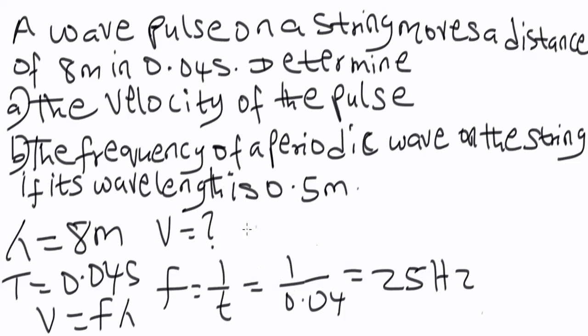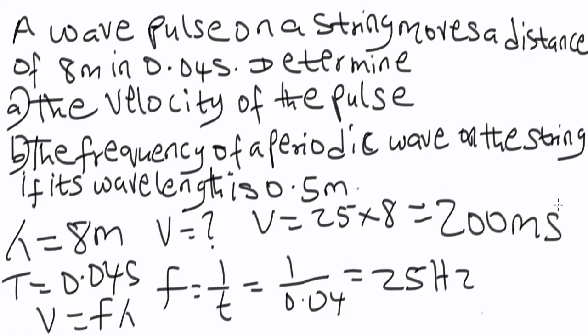So let's substitute the values in the formula. We have the frequency to be 25 and the wavelength to be 8. So the velocity will be 25 times 8, which is going to give us 200 meters per second. So that's the velocity.